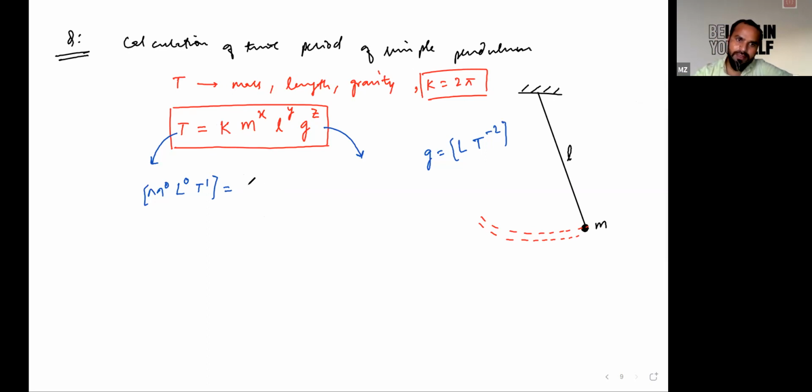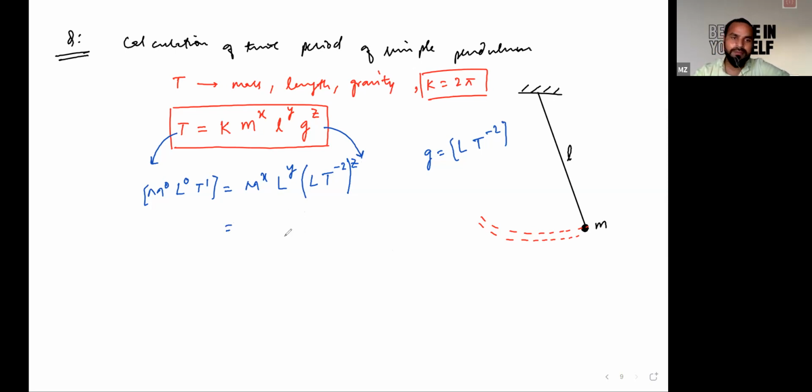Here we have M to the power X, L to the power Y, and gravity is LT to the power minus 2, whole to the power Z. Umar, check the exponential for Y and Z. Just see the expression which I'm getting.